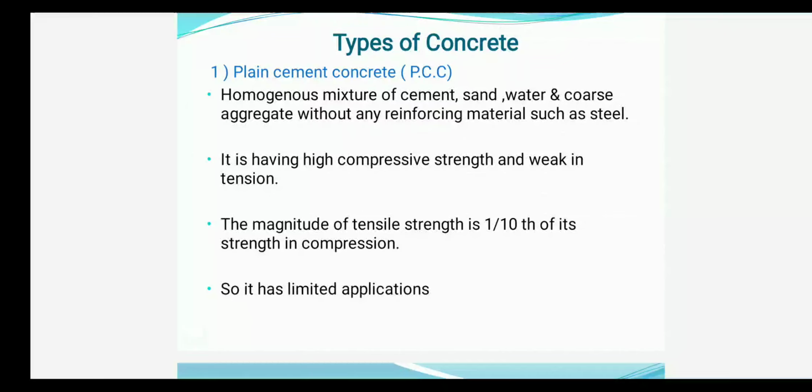So the concrete is strong in compression but weak in tension. The magnitude of tensile strength is 1 by 10th of its strength in compression. So the plain cement concrete has limited applications.